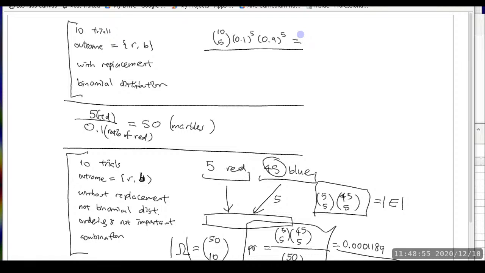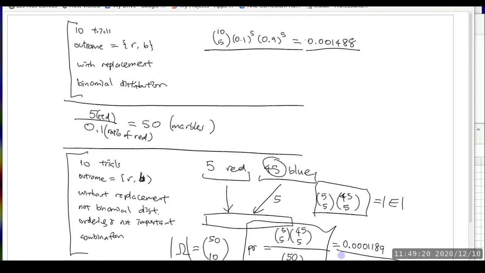So that one has a better chance. The chance is actually higher. It is 0.001488. So when you compare these two numbers, the magical bag of marbles would give you more than 10x the probability of ending up with 5 out of 10 marbles being red.